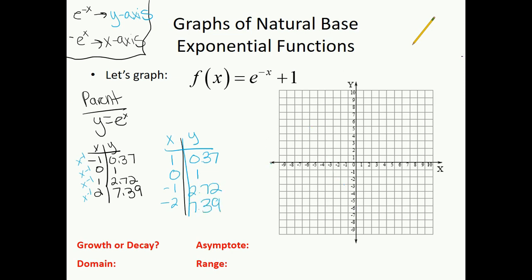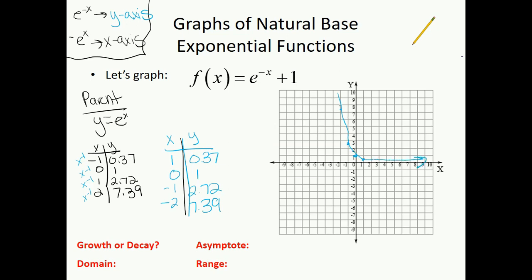So let's go ahead and graph that. I got 1, 0.37. So that's like right there. 0, 1, negative 1, 2.72, and negative 2, 7.39. So if I can graph it, it's going to be kind of weird going downwards.